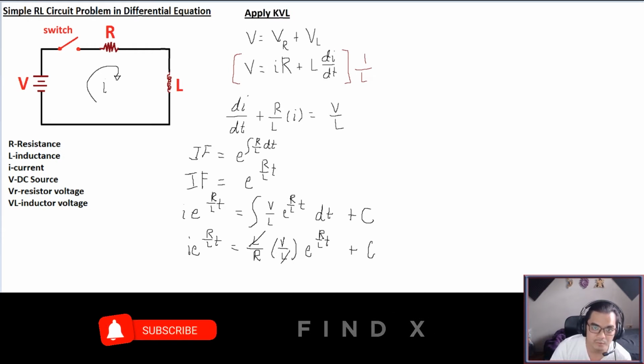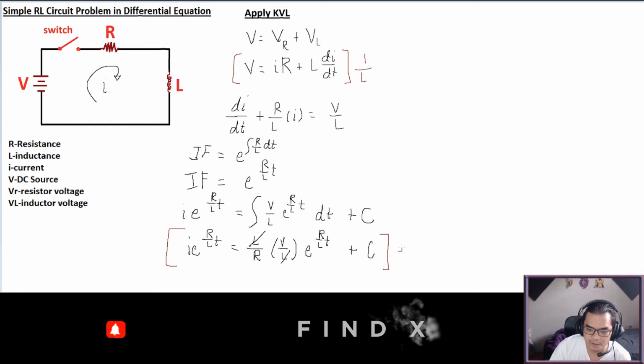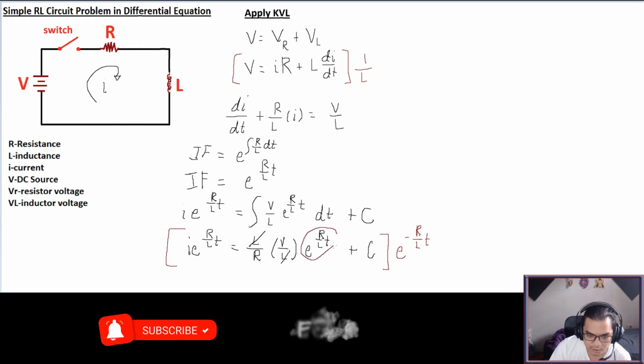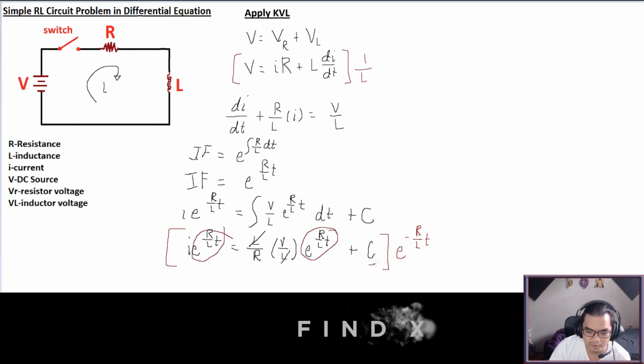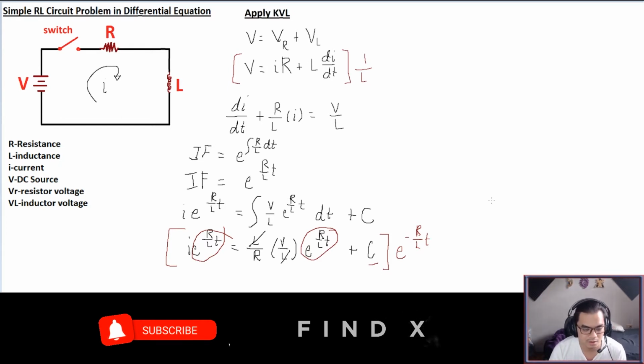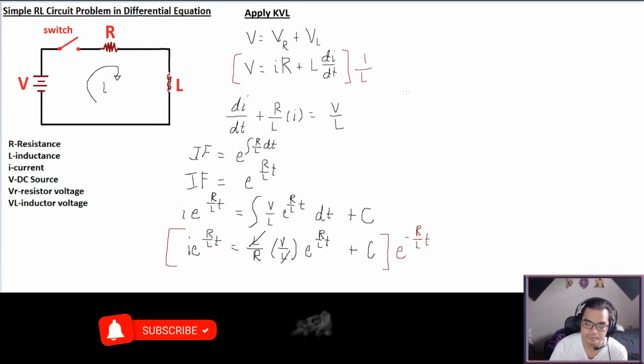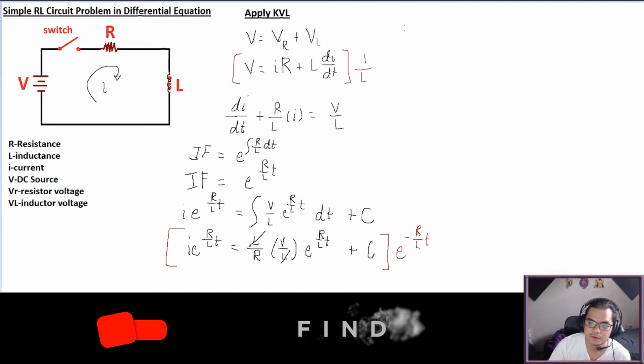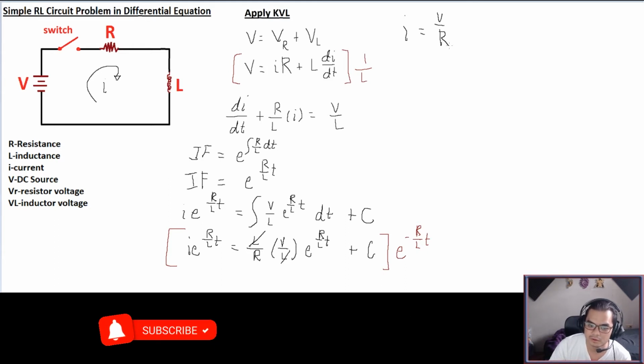At the same time, I will multiply everything by e raised to negative R over L t, so that this one and this one will be cancelled, but this one will have e raised to negative R t over L. Applying that, you'll have just I on the left side equal to V over R plus C e raised to negative R over L t.